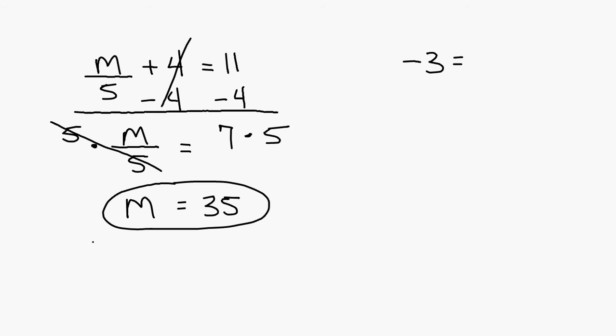Negative 3 equals x over 4 minus 1. Again, you're going to isolate the variable.